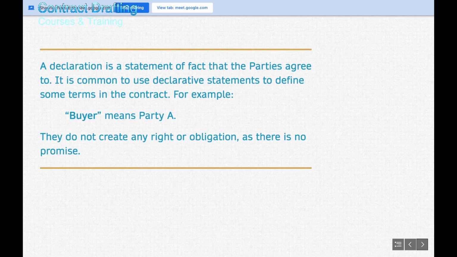So it will have language like buyer means party A, seller means party B, property means the property demarcated or having this address. They themselves do not create any rights and obligations because there is no promise built into them. So declarations are something that you have to ensure are not written in the form of any right or obligation.